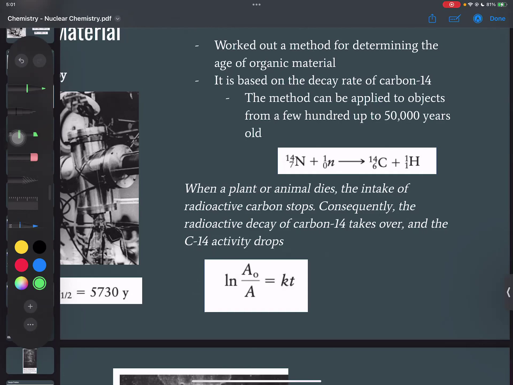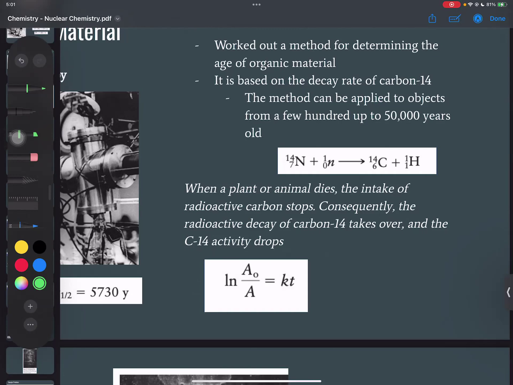So, consequently, the carbon-14 decays, going back to nitrogen and releasing an electron. Its half-life is already established: 5,730 years.